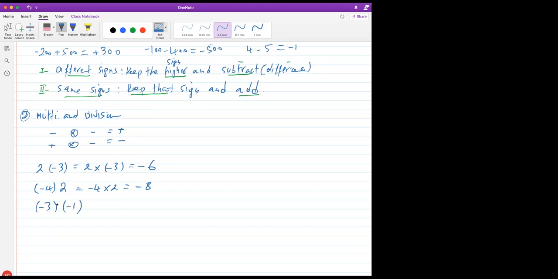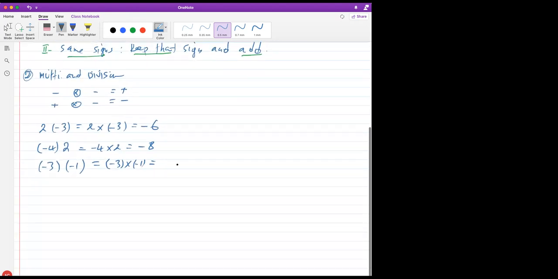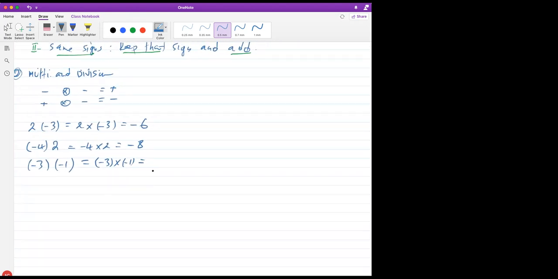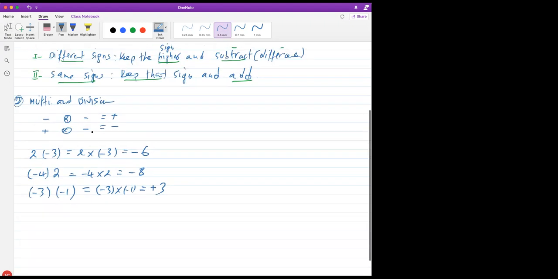If you don't see anything between parentheses or between a number and parentheses, the operation is a multiplication. So what's -3 times -1? +3. That's right. It's a negative times a negative. This rule is always going to be positive, and 3. Okay, so no big deal here.